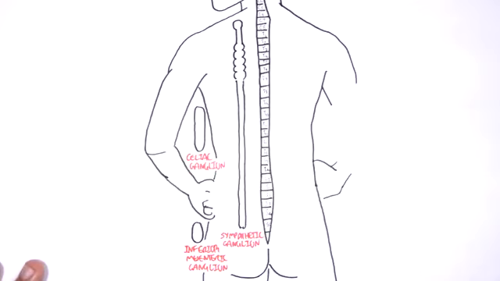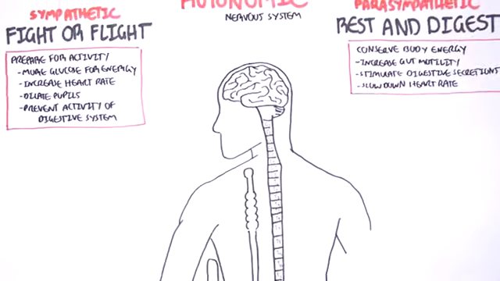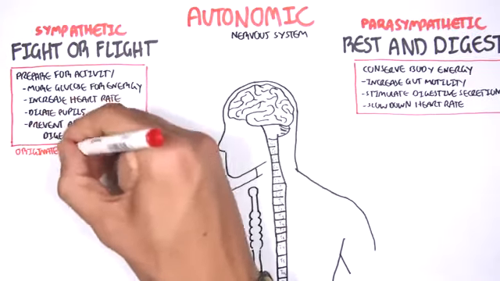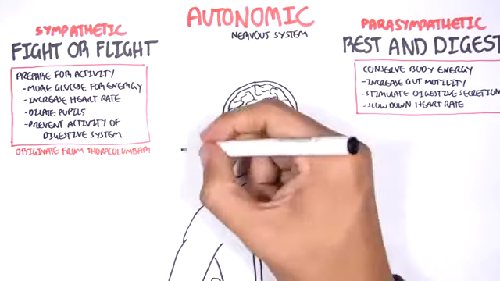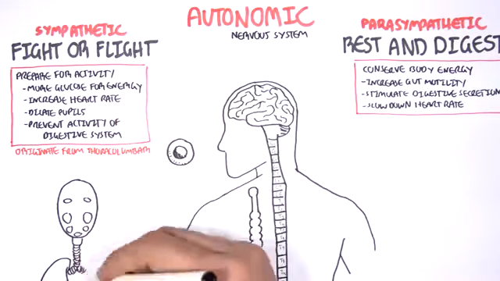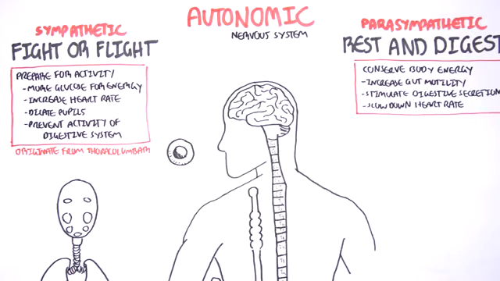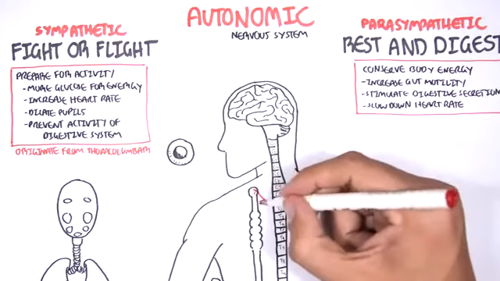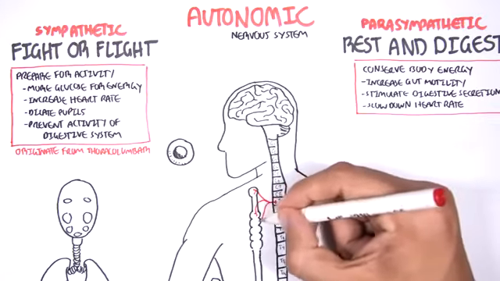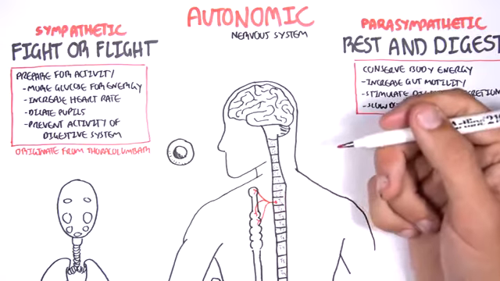Another very important thing to understand about the sympathetic nervous system is the nerves arising from the spinal cord. They arise from the thoracic and lumbar regions of the spinal cord. So here we can see some preganglionic neurons coming from the spinal cord, and then they will synapse in the ganglion here.